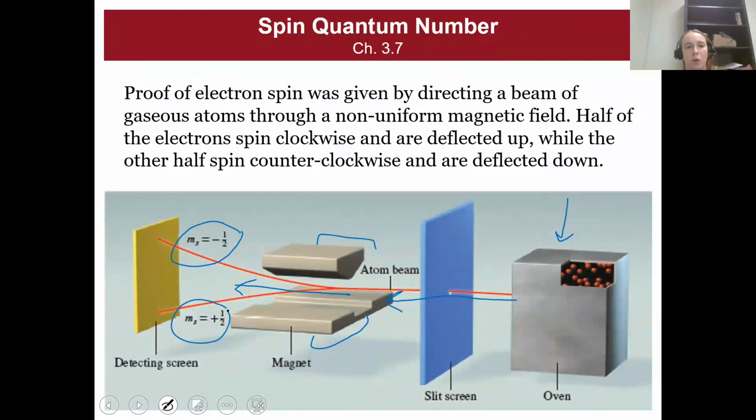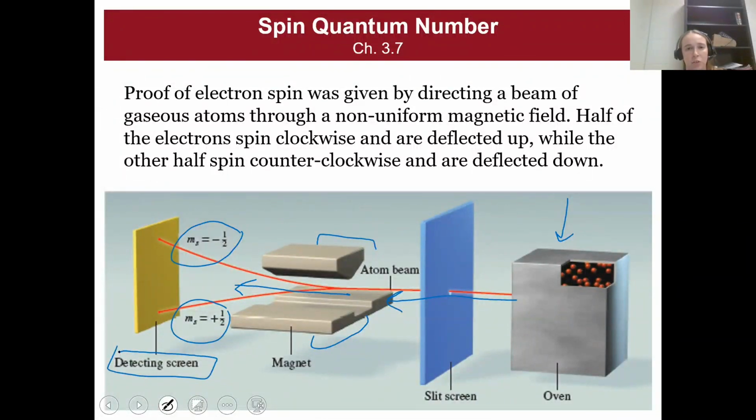Okay, so you can tell that electrons are spinning because they separate in this way, and we can see it on a detector. And the reason that it's about half that spin clockwise and half that spin counterclockwise is because they're random. The spins are random, so some of the electrons are going to be spinning one way and the other electrons are going to be spinning the other way because it's random, so it's about 50-50.